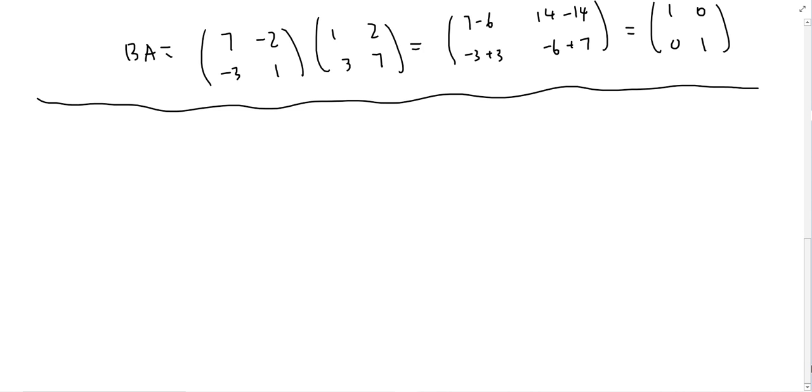One of the major uses for the inverse matrix is in solving a system.